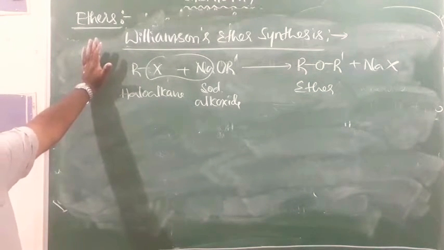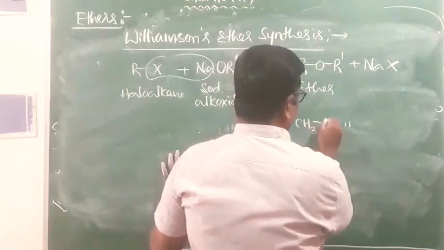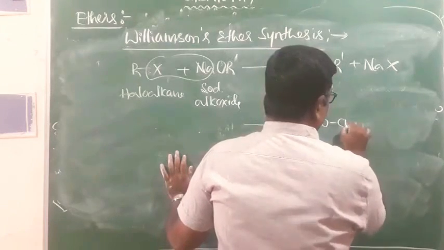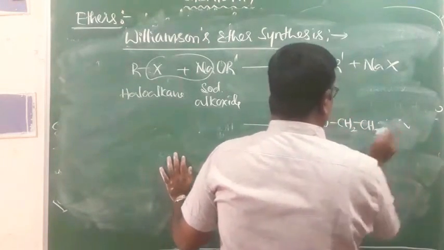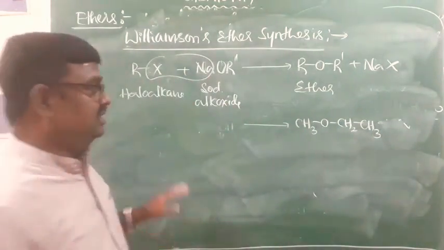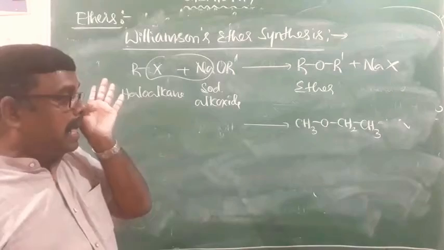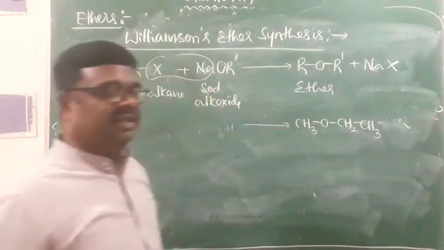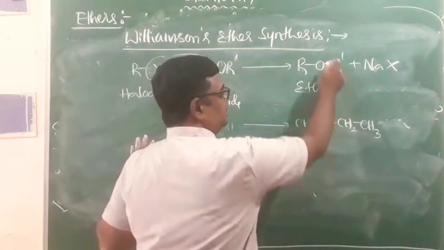For example, if I want to prepare CH3OCH2CH3, ethyl methyl ether or methoxyethane, then R is equal to CH3 and R' is equal to C2H5.